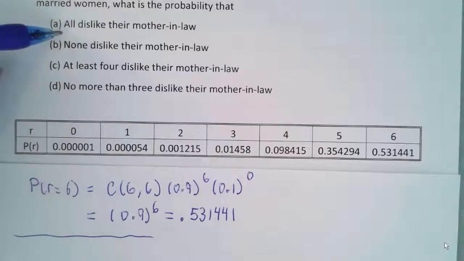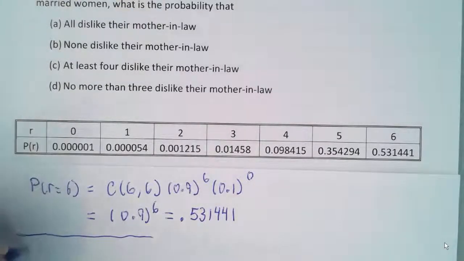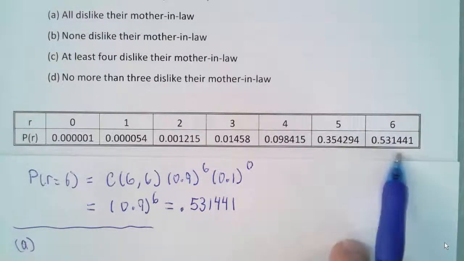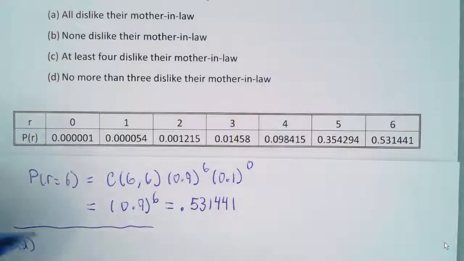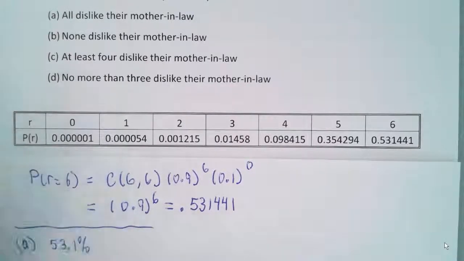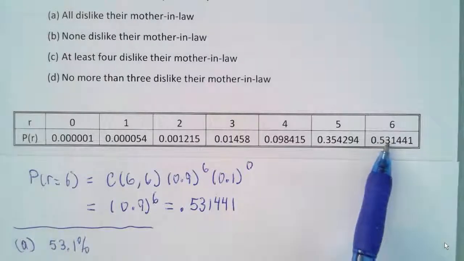What is the probability that all dislike their mother-in-law? Well, that's the case when you have 6 successes. So the probability is 0.53, etc. So in other words, it's about 53.1%. And we're getting that direct from the table.